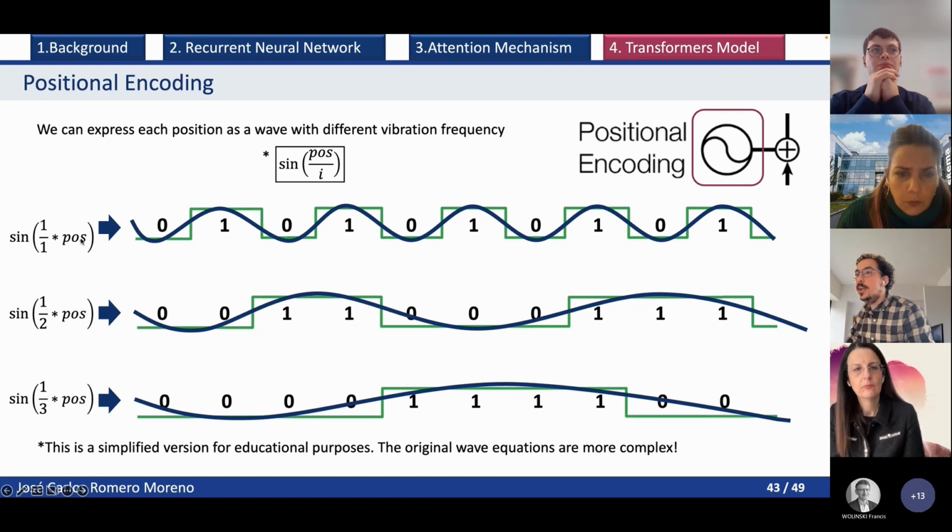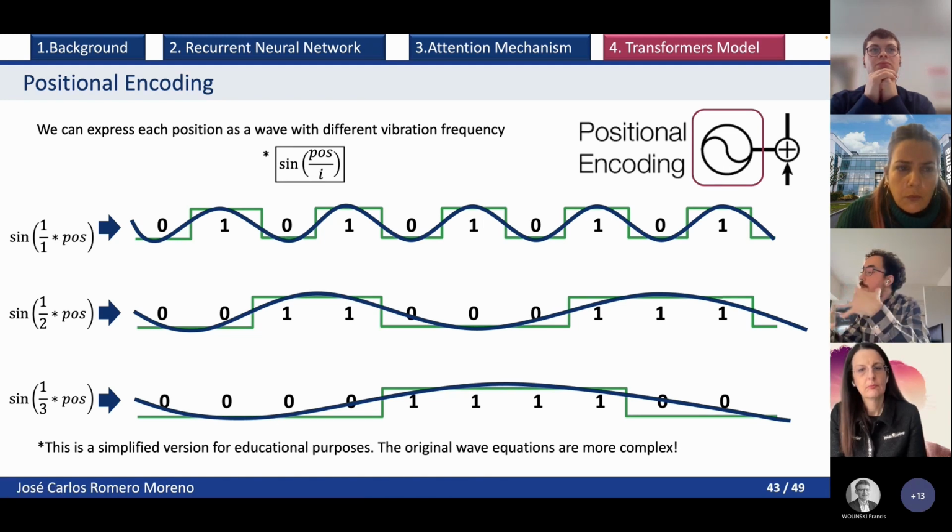You can see here pos, which is the position of the word. With the number of the position of the word and this equation, these researchers developed a very optimal way to store the position of the words in our model. That's why it's called positional encoding. So just for you to know the idea.